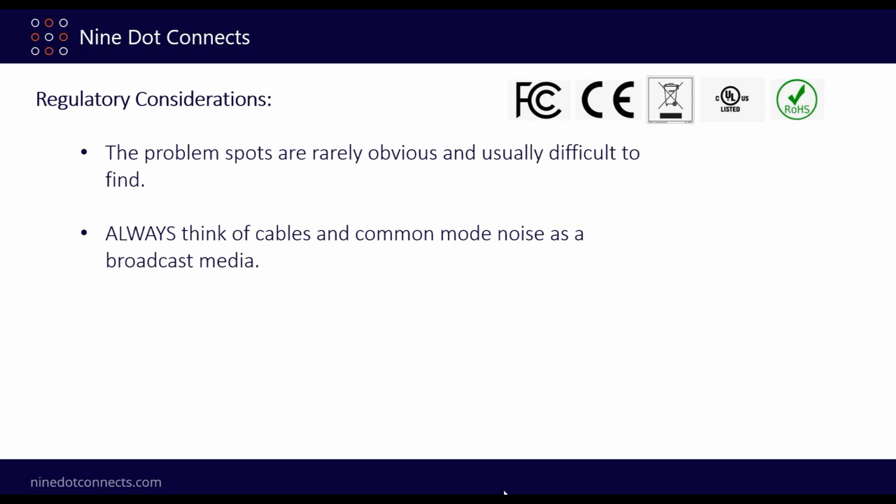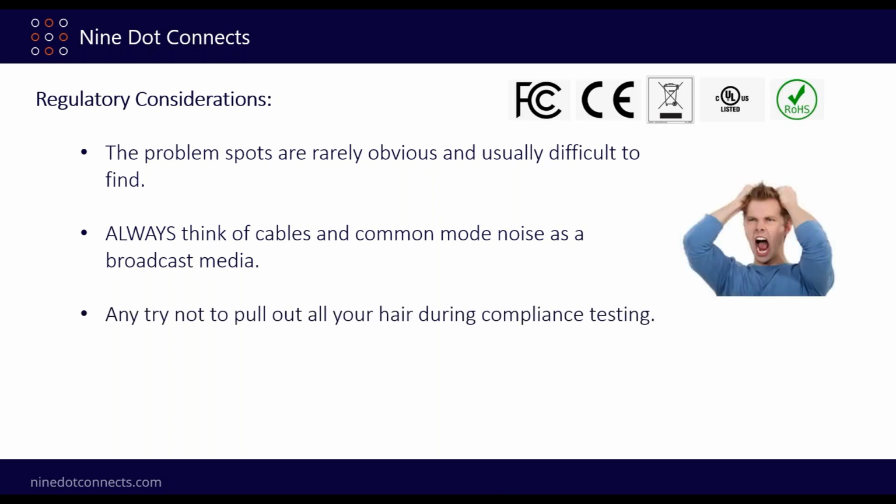The cable that you've connected on there becomes an antenna, and it's just a nightmare. So every time you have a product with a cable that hangs off of it, always remember that you're going to have to deal with that kind of thing. And try not to pull your hair out.